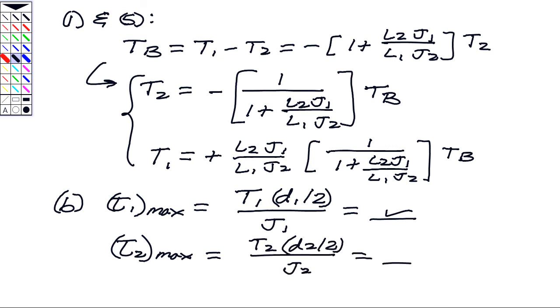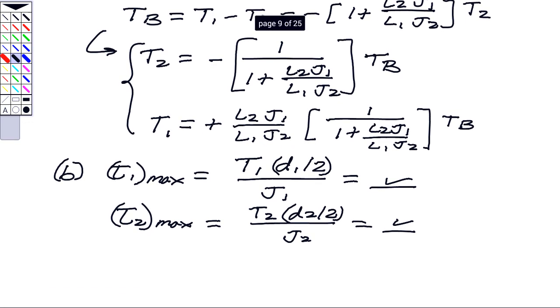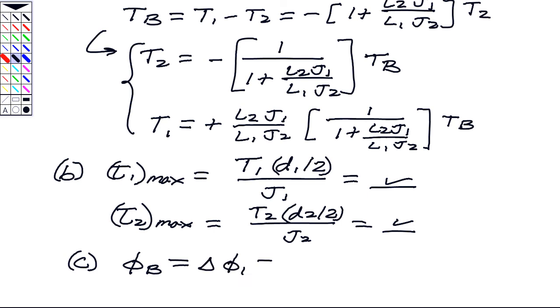So we have that. And finally, for part C, we were asked to find the rotation at the coupler B. From above, we saw that that's delta phi1. We're now in a position, since we know T1, to multiply that by L1 divided by GJ1, and we have the angle of rotation for the coupler B.